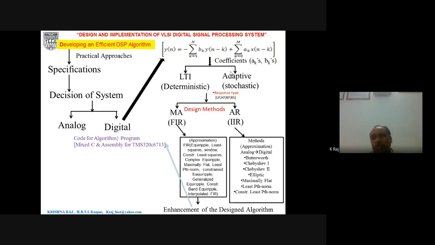for the optimal designing we have to use the mixed coding approach, because if we are interested in efficient implementation, then naturally assembly language is better for the machine, but it is a tedious job to write the code in assembly language. Then for the purpose of optimal designing, we will use the mixed coding.